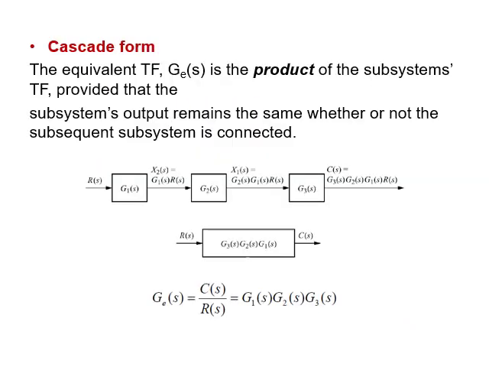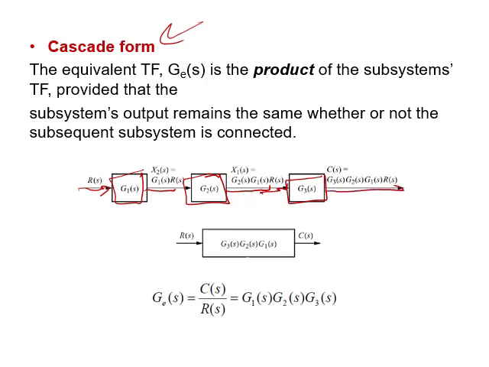More forms will be found on the block diagram of a control system, like cascade. Cascade means what? Means we are having a system with signal going to a block. The output of the block will go to another system and to another block, and the output of the second system will be a signal which will go to a third system or a third block, and this is the final output.